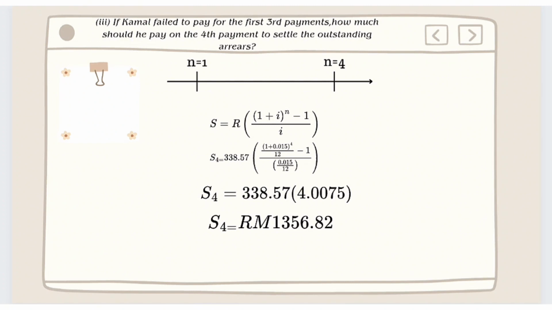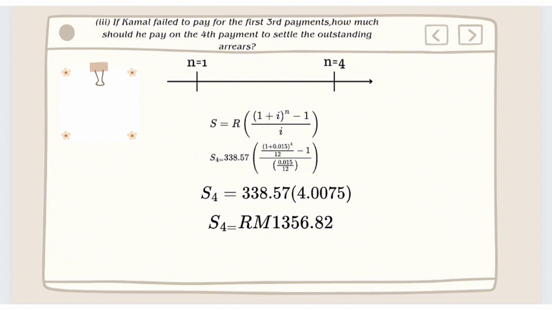As you can remember from the previous calculations, i is 0.015 over 12 because it's 1.5% compounded monthly, and the capital R from the previous slide is 338 ringgit 57 cents.